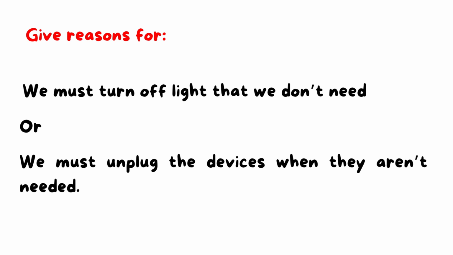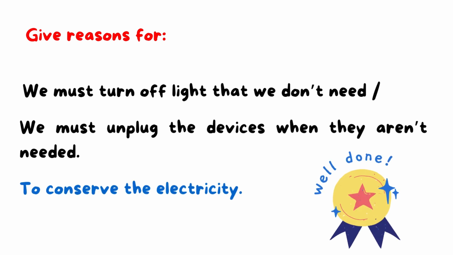Or maybe another question here, we must unplug the devices when they aren't needed or used, okay? Why? To conserve the electricity. With this question, we finish the give reasons for questions, okay?